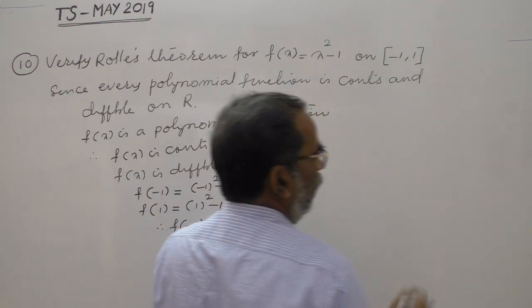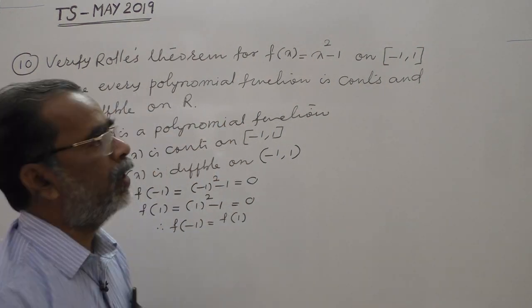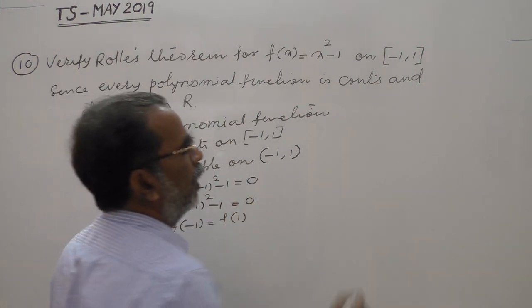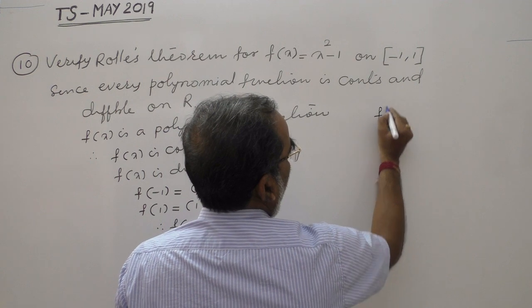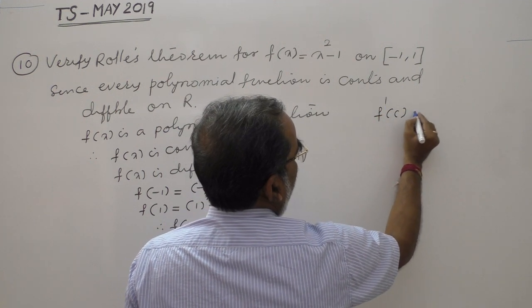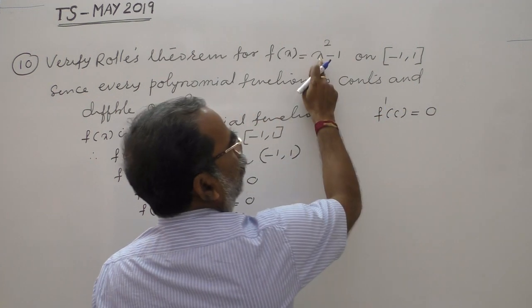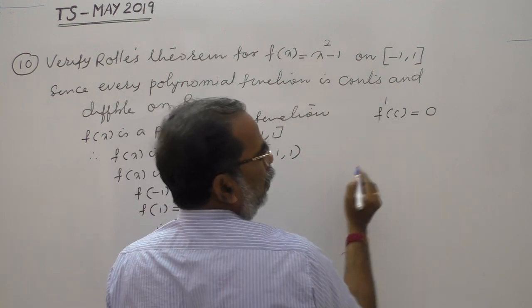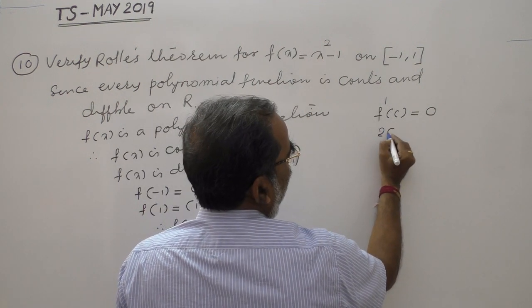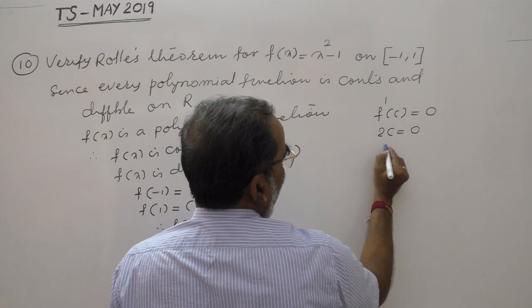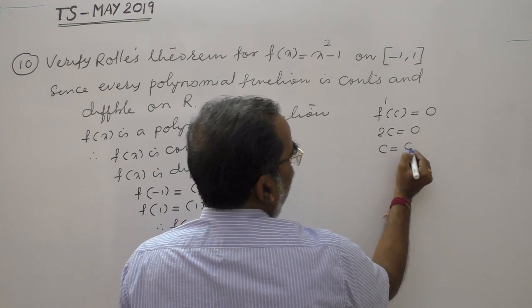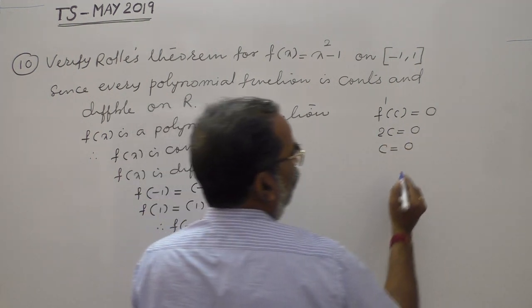Now, there should be a c value such that f dash of c equal to 0. We will take f dash of c equal to 0. What is f dash x? It is 2x. f dash of c is 2c. 2c equal to 0 implies c is equal to 0 by 2, 0.